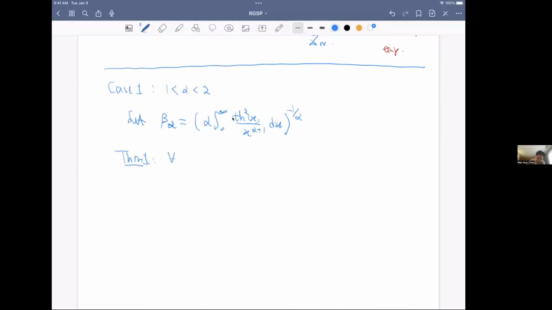For any alpha between 1 and 2, and also beta less than beta critical, you will see, first of all, in the L^p norm, for any p less than alpha, the limiting free energy, which is defined as 1 over n log Z_n, is the same as, you can bring an expectation to the log Z_n.